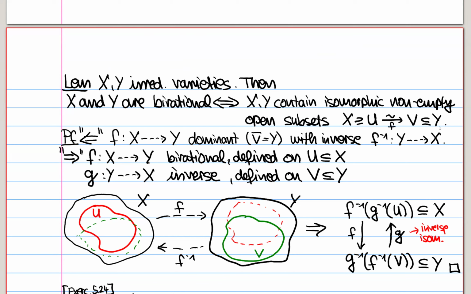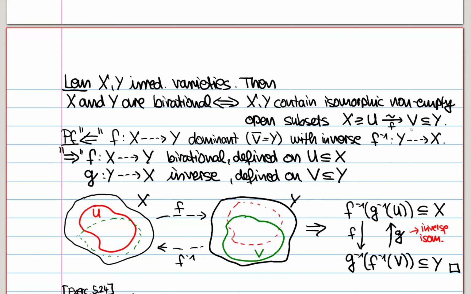On the other hand, the inverse is also a rational map, just taking the inverse of this isomorphism from V to U. It's also dominant. And if you do the two compositions, then you get either the identity on U or the identity on V. And these are rational maps equivalent to the identity on X and the identity on Y. So if you have isomorphic open subsets, it's clear that you are birational.